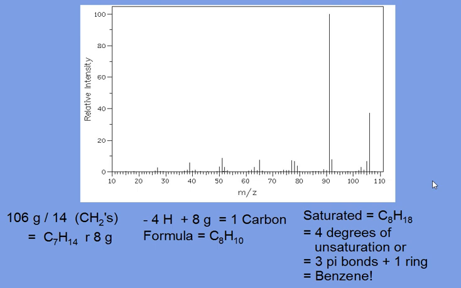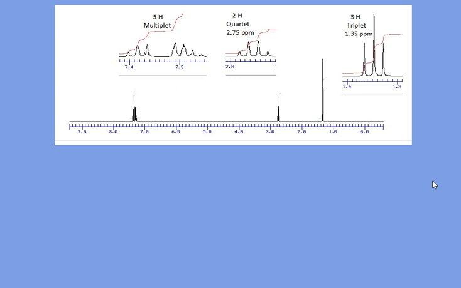If we look at the nuclear magnetic resonance data and take a look at those peaks, right away we can see those peaks in the 7.4 to 7.3 range, downfield and right in the middle of our range for hydrogens on an aromatic ring.